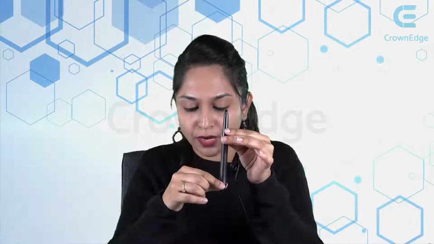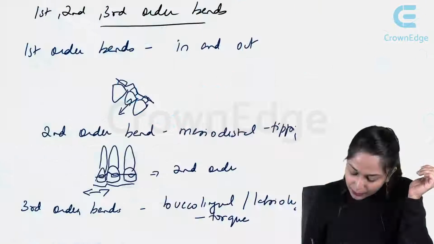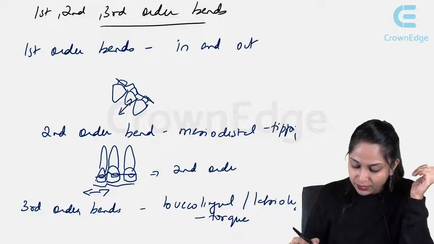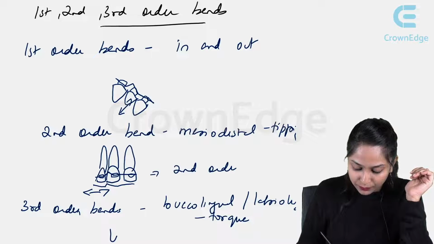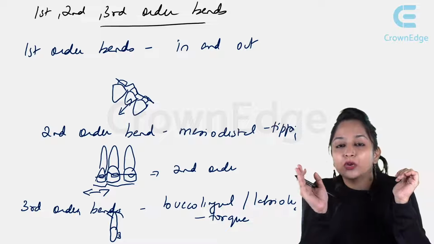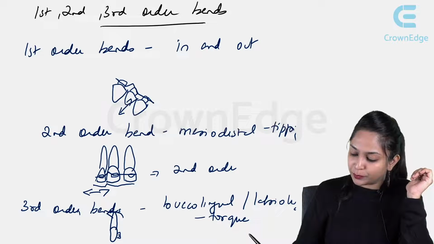So if the crown is moving in a labial direction, there will be a lingual direction of the root. So this is a torquing movement. So when it comes to third order bends, you will have a profile view. If that's the tooth, that's the bracket, it will bring about a buccolingual or a labiolingual movement.